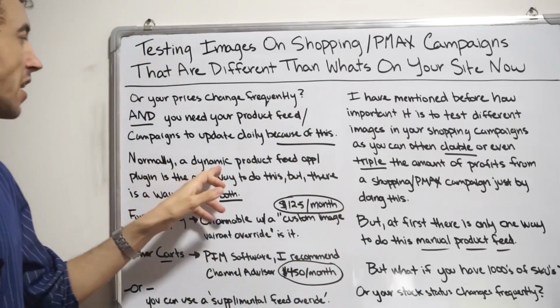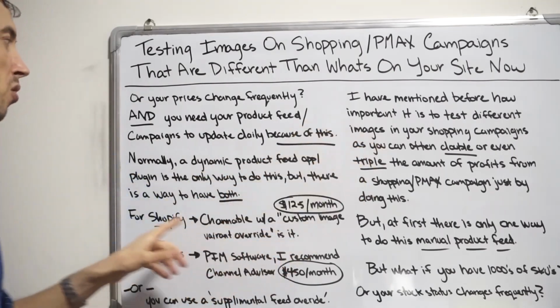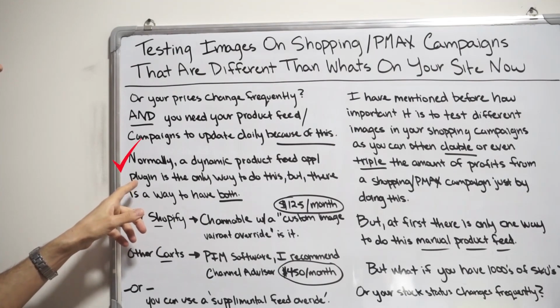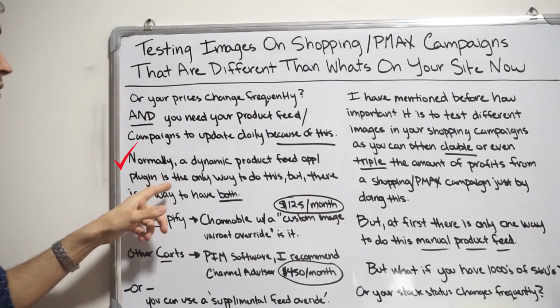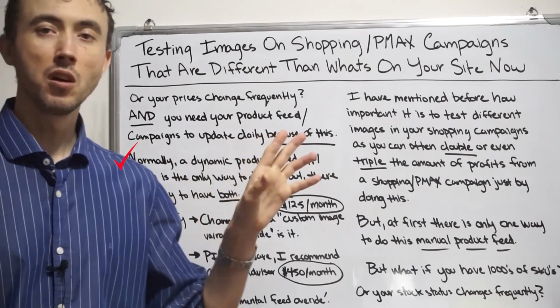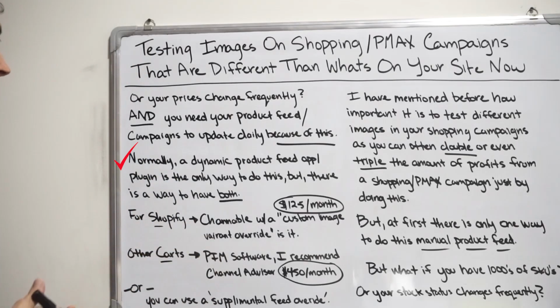Normally, these dynamic product feeds that automatically update Google with the status of all the items in your store, whether it's software, an app, or a plugin, will be the only way to automatically update Google about your products when they change status of some type.